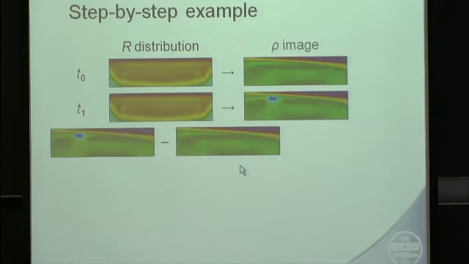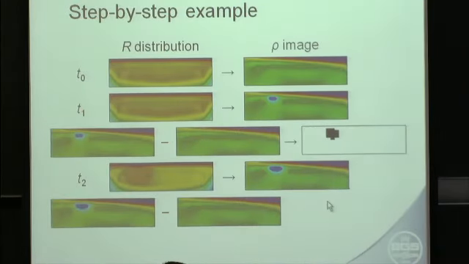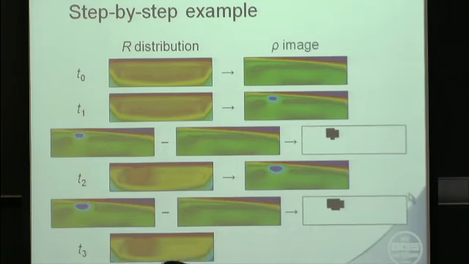We then take the difference between that image and the baseline to give us our change mask. We focus our survey design for the next time slice onto that change mask and produce the new image, which is then used in conjunction with the baseline. You can see how this is going: produce a new change mask, and so on and so forth.